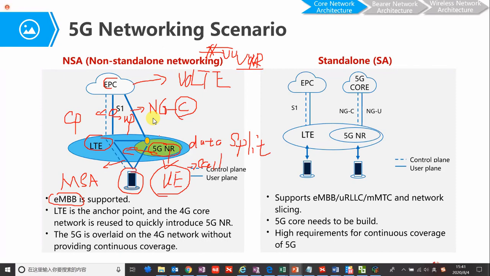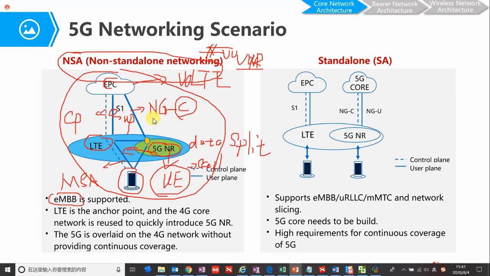And the third, you said for NSA the control plane latency is very high, right? The latency is high because you use the 4G network, maybe 16 to 18 milliseconds. Yes, but I have said the NSA network just supports eMBB scenarios, not URLLC. So the 4G network has a higher latency, but it doesn't matter.